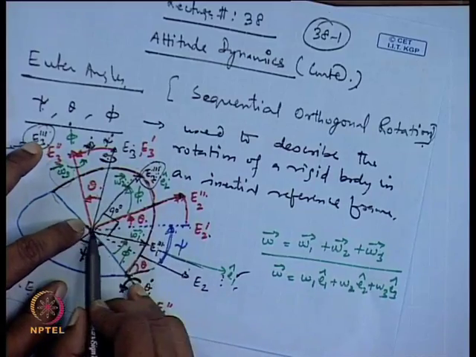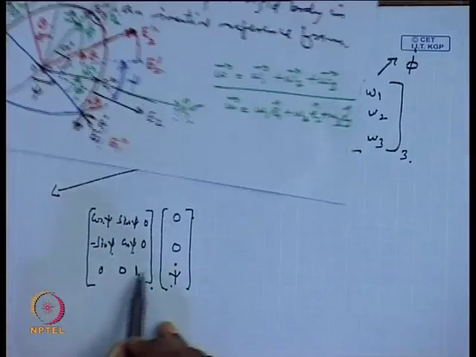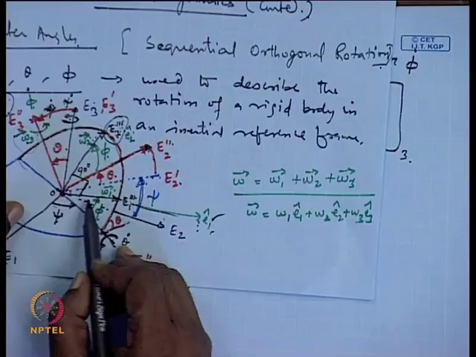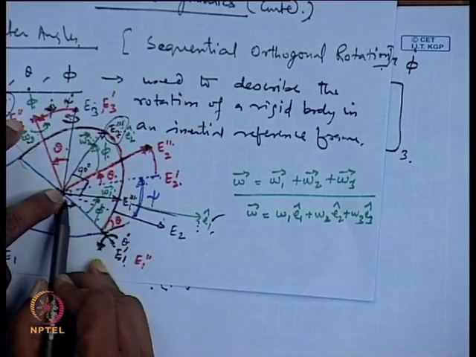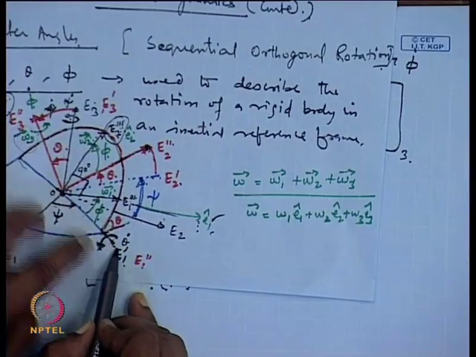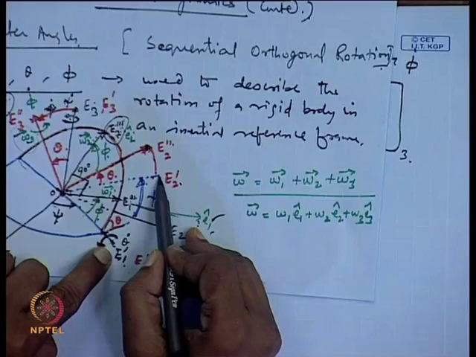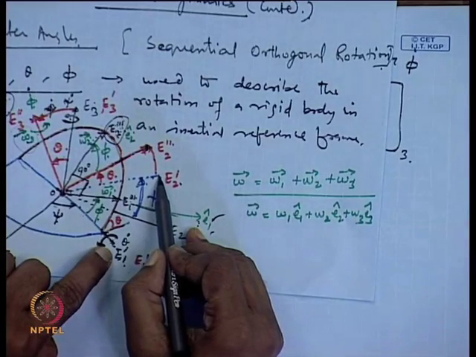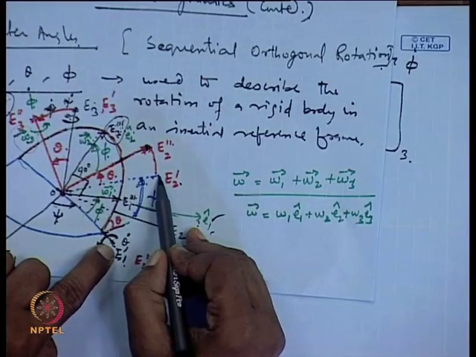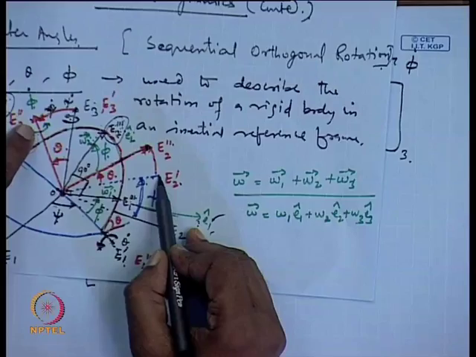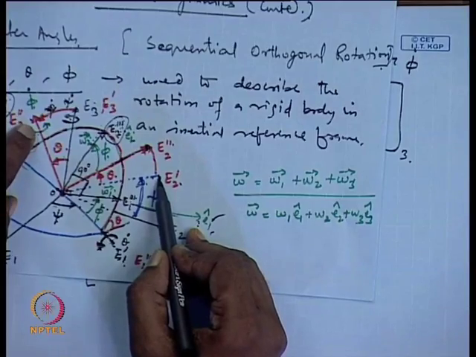So first we rotated by psi. It resulted in the reference frame coming to this place, and from here it came to this place, E 2 prime. Okay, so the next rotation you will give as theta, which will bring it into this place.